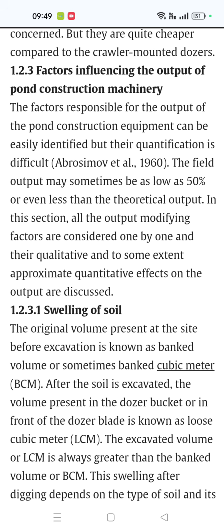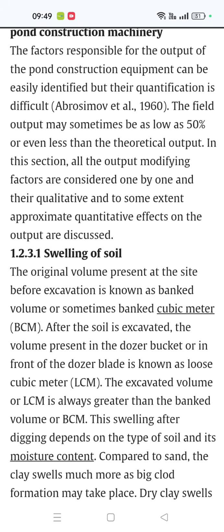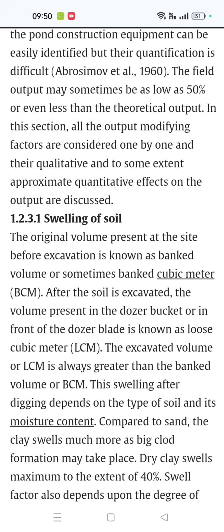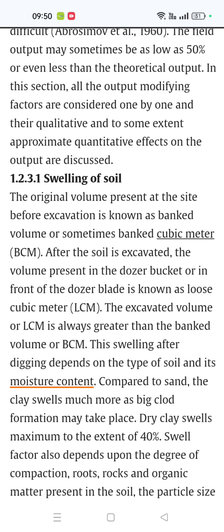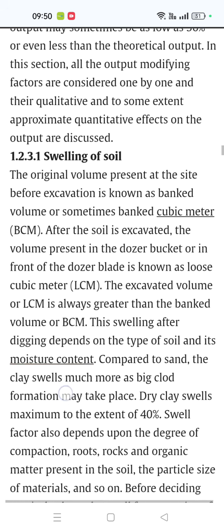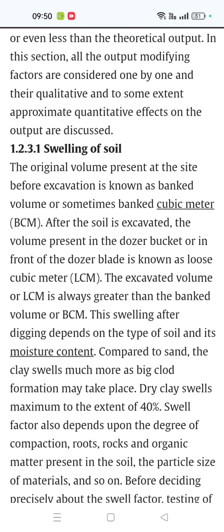In this section, the output modifying factors are considered one by one, and their qualitative and, to some extent, approximate quantitative effect on the output are described.